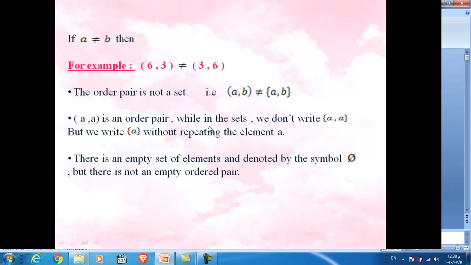(A, A) is an ordered pair, while in sets we don't write {A, A} because repeating is not allowed, but we write it as the set {A} without repeating. So in sets we cannot repeat the elements. There is an empty set for elements, denoted by the symbol phi, but there is not an empty ordered pair.